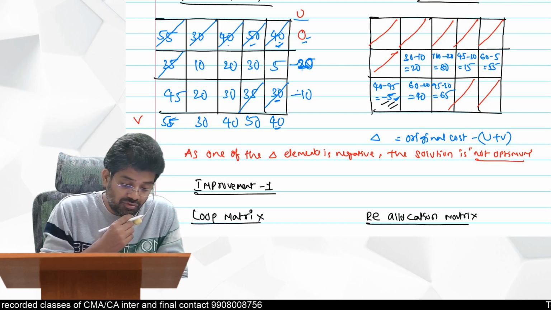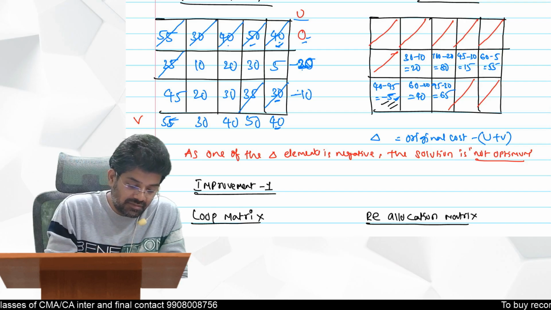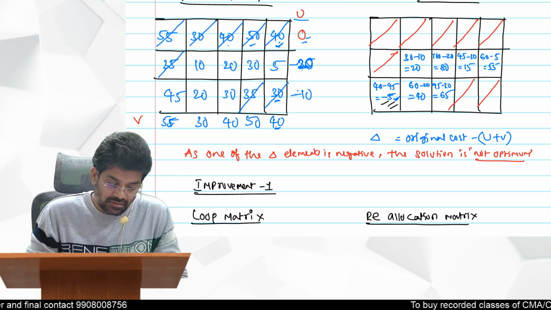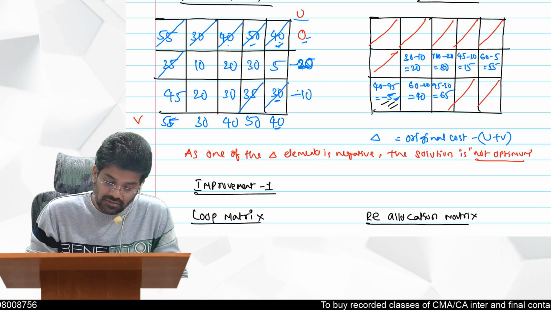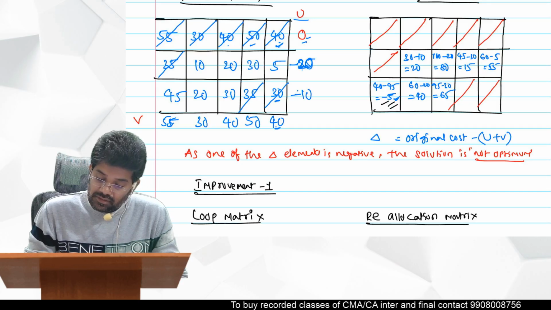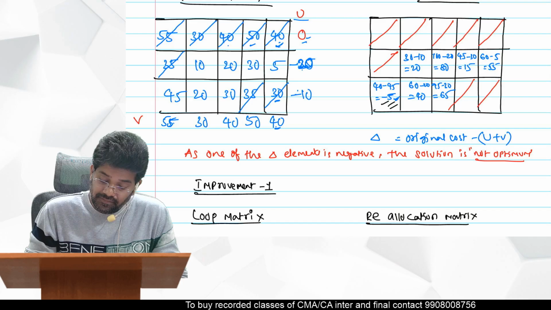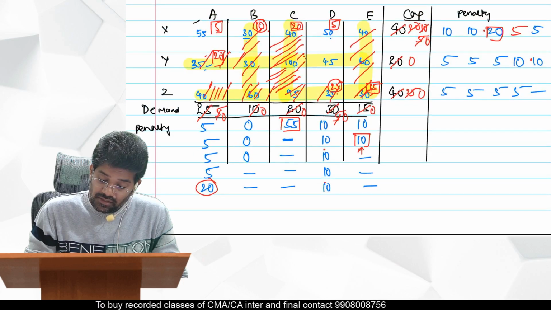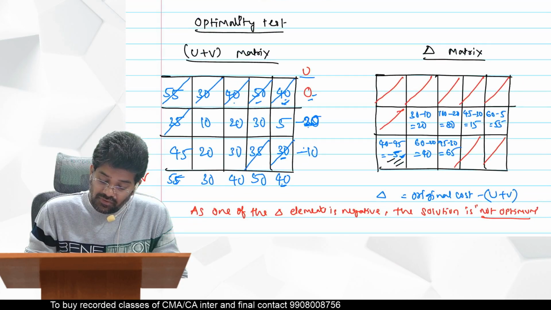Now what you should do is, in this matrix, 20, 80, 15, 60 minus original figure 60, and what is the u plus v value? 40 minus 20, this one.